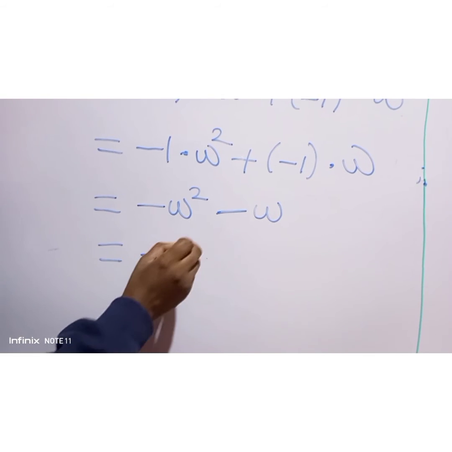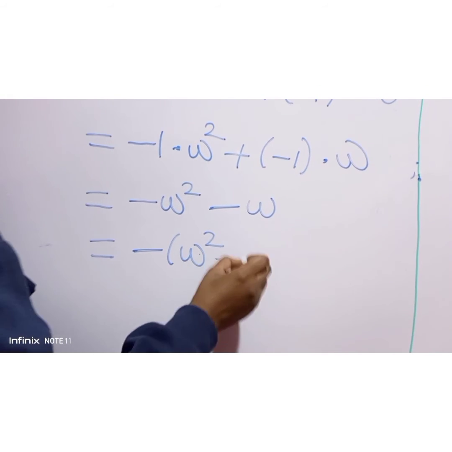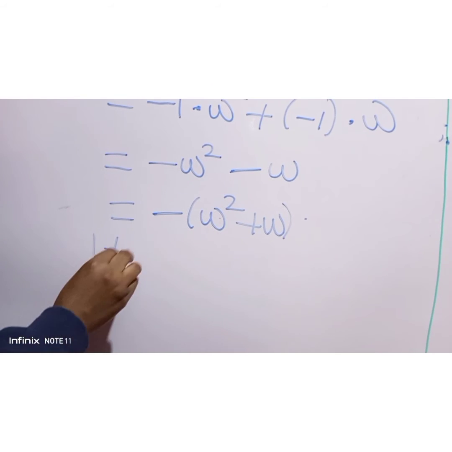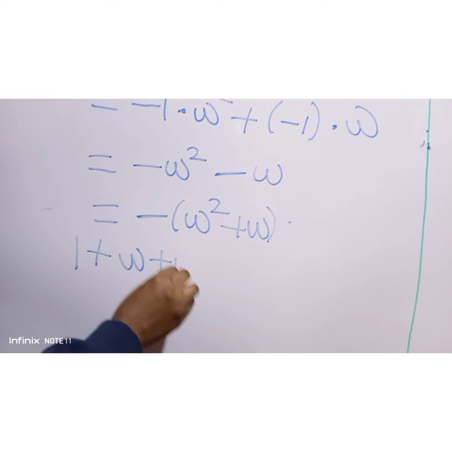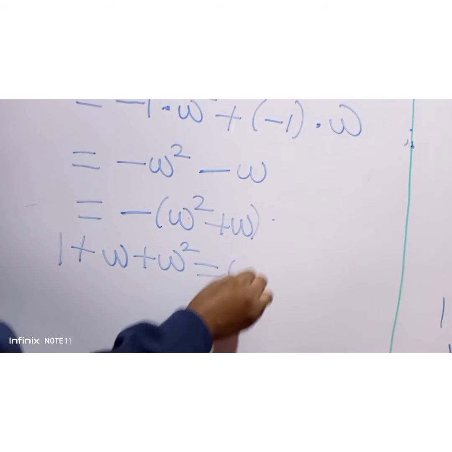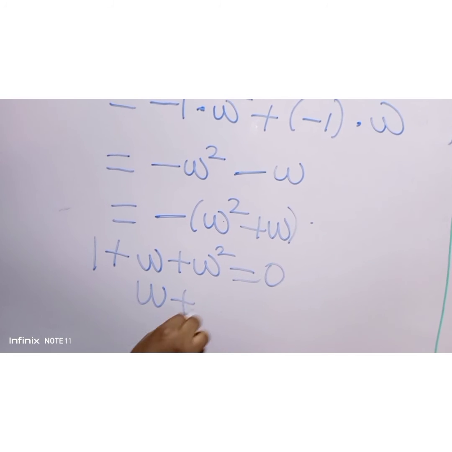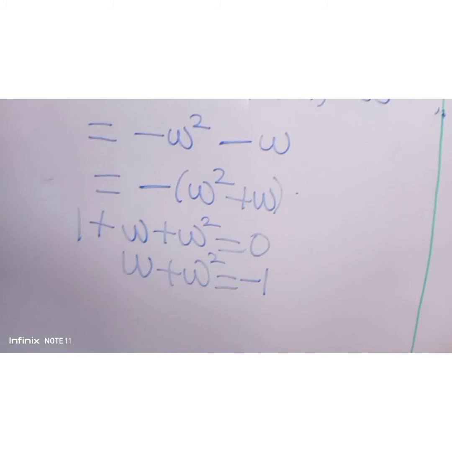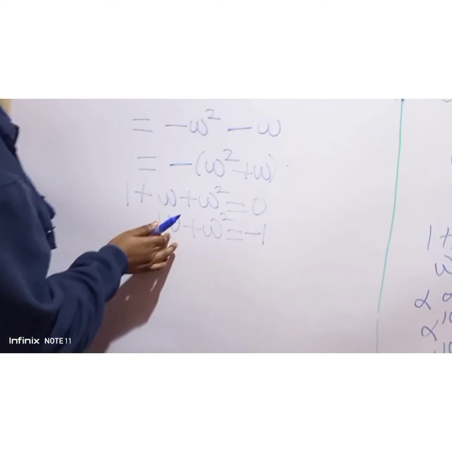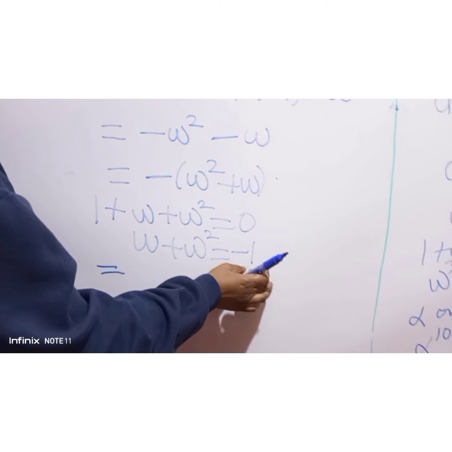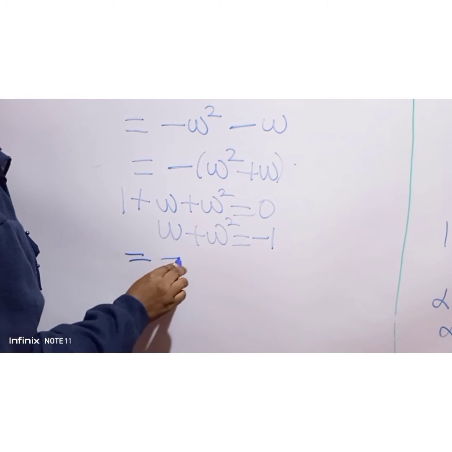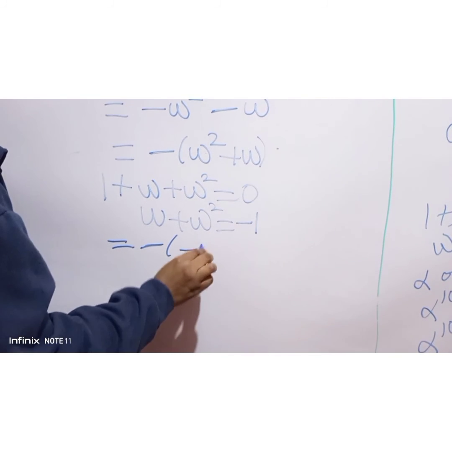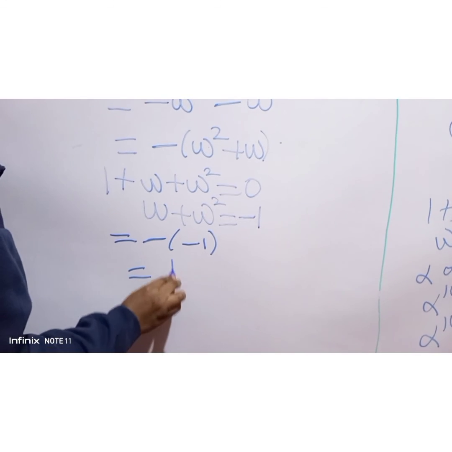So I have minus in the bracket omega squared plus omega. And recall, I have 1 plus omega plus omega squared to be equal to 0. That means omega plus omega squared is equal to minus 1. Wherever I see omega plus omega squared, I'm going to put minus 1 there. So minus into bracket omega squared plus omega is equal to minus minus 1. So my answer is equal to 1.